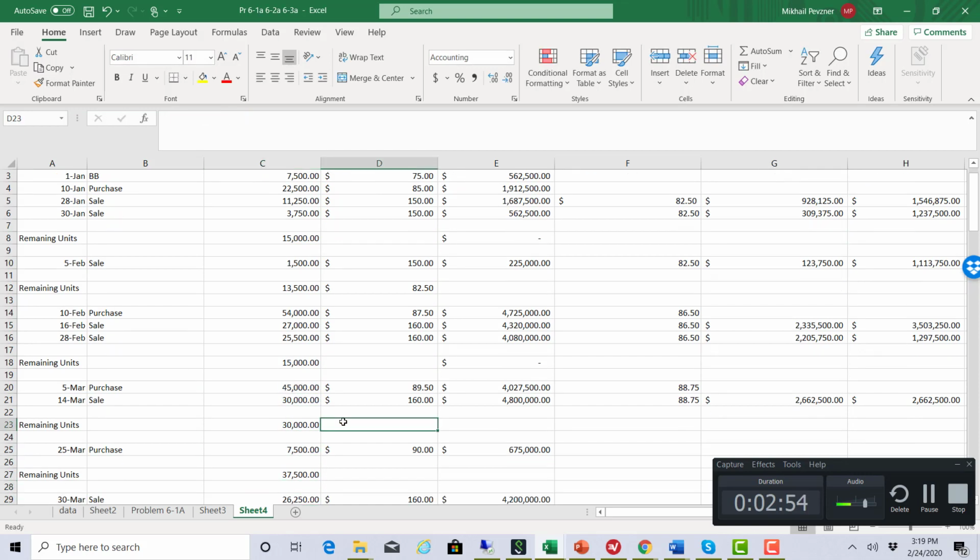This 30,000 is sitting at an 88.75 average price.